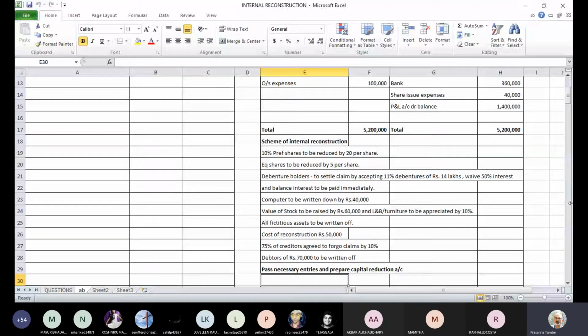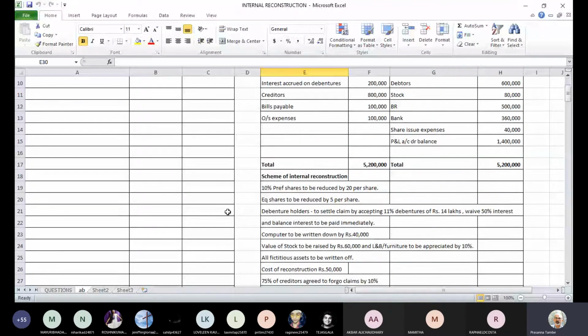Now let us start one by one and pass the necessary journal entries in the books of the company. So side by side I'll prepare the journal also.